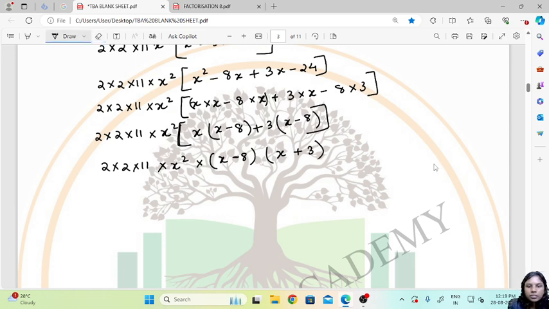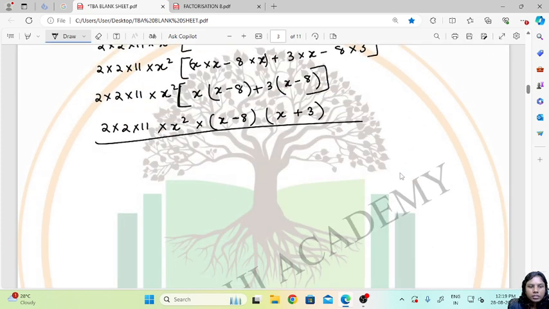Now we divide it by 11x and x minus 8. Now we have common terms here, so we can cancel out. This 11 and this 11 get cancelled, and the square gets cancelled. So what is left is 4x and x plus 3.